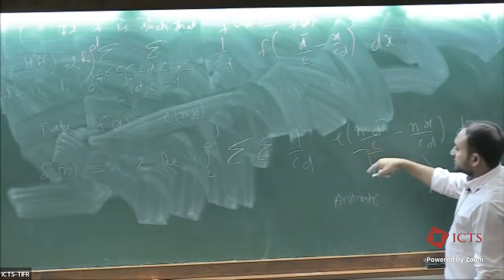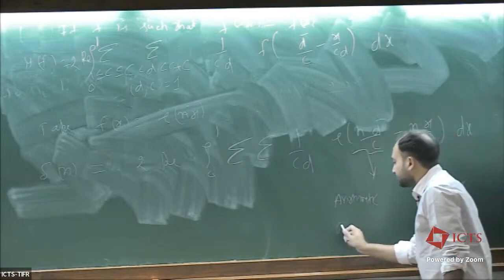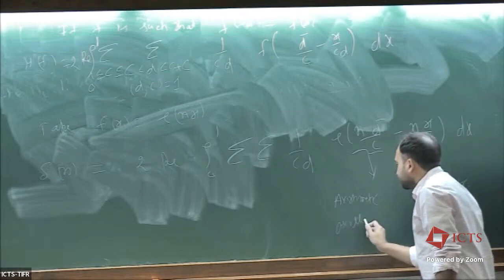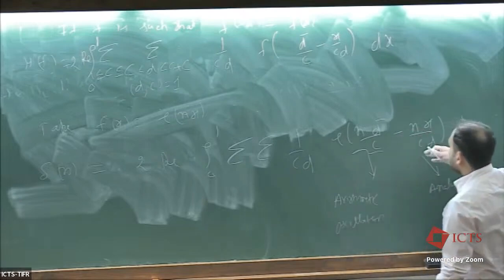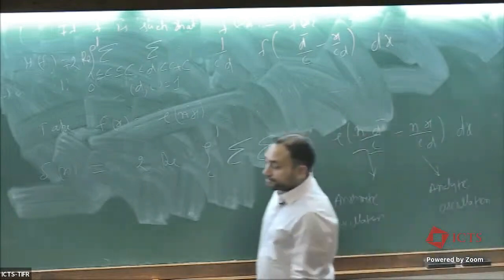So these oscillations of the form e of na by c are called arithmetic oscillations, and oscillations which can take points other than rational points are called analytic oscillations.